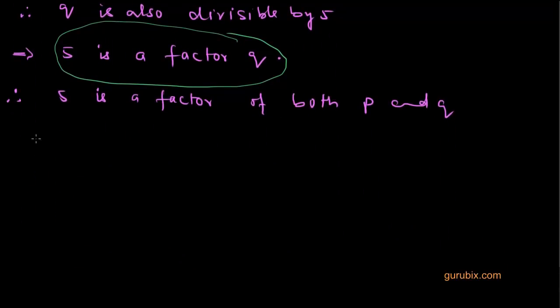This means p and q have another common factor other than 1. Therefore, HCF of p and q equals 5.